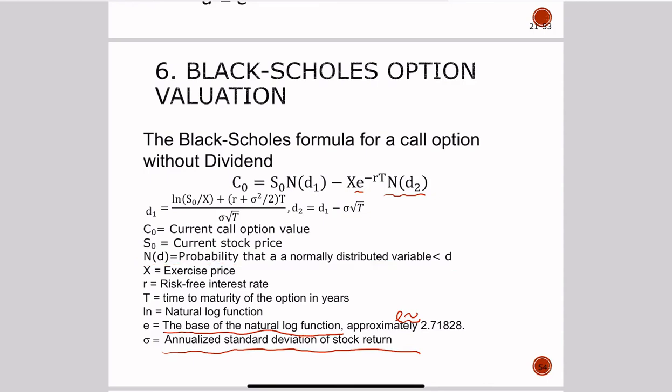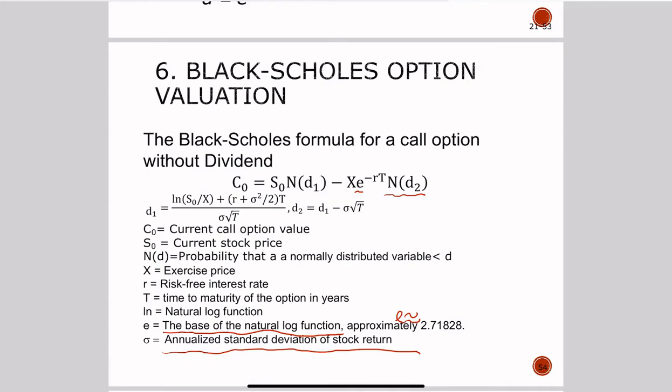Clearly, you need some basic understanding of statistics or probability theory to understand these things. If you have difficulty figuring out what a normally distributed variable is, you should consult your textbook and look at the related chapters.